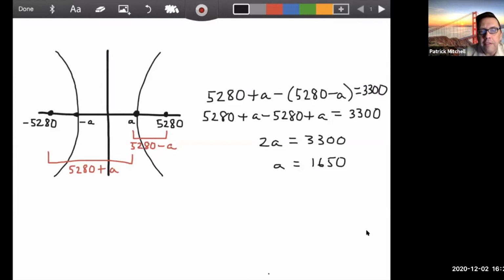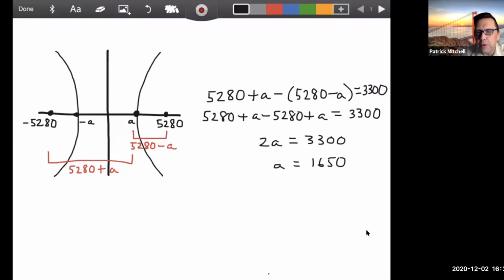So in terms of a, which goes with the vertex of the hyperbola, the longer distance is 5,280 plus a, and the shorter distance is 5,280 minus a.